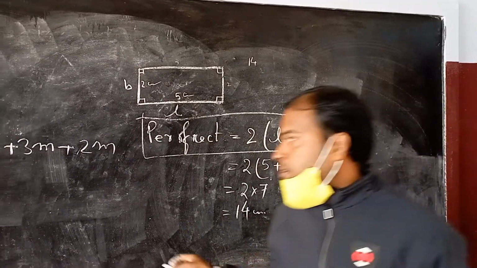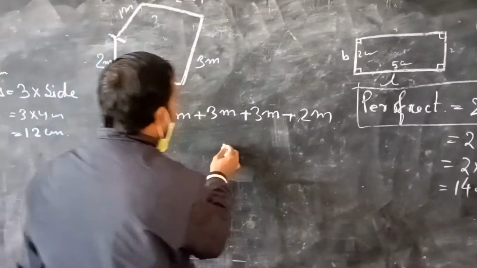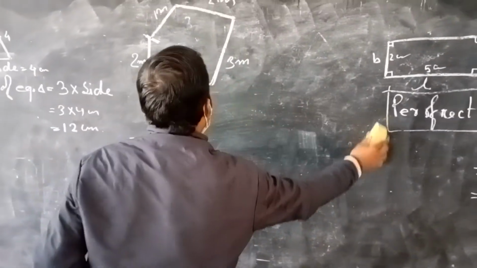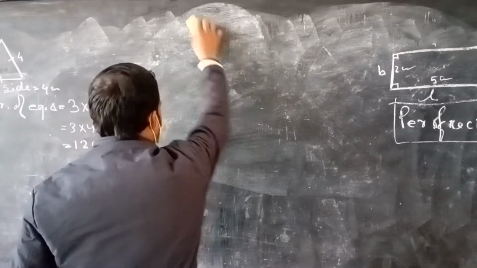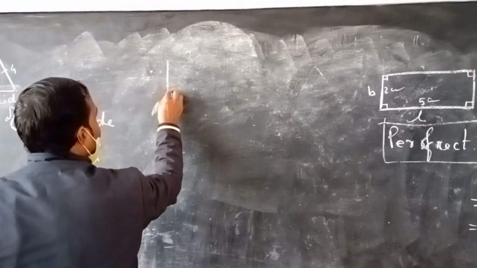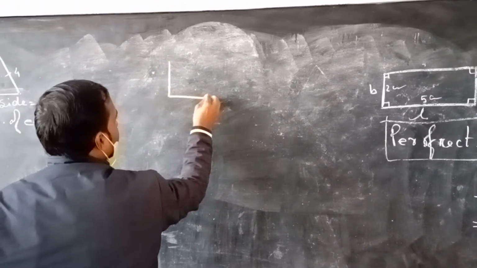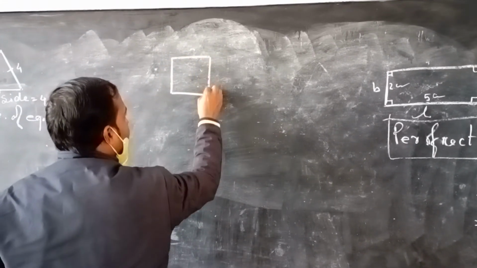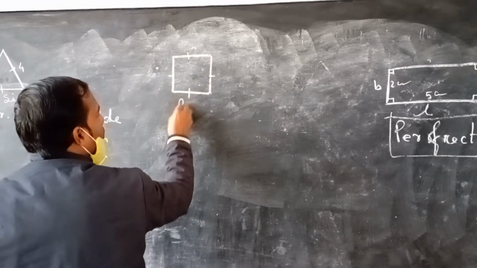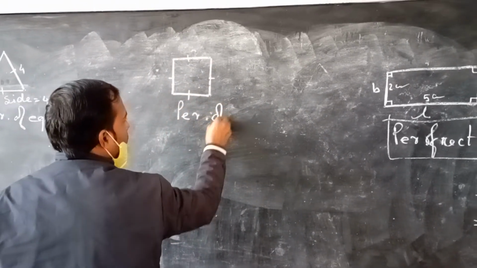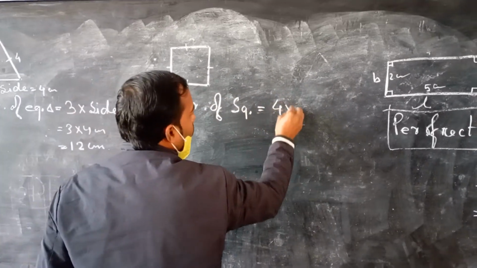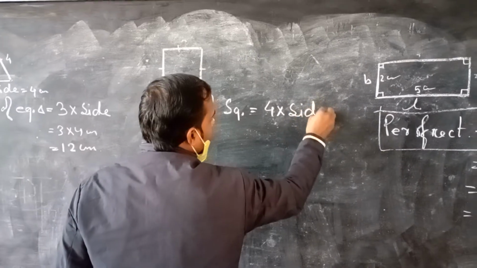Okay? Then one more special figure is there, that is square. Square means all sides are equal. Perimeter of square is equal to 4 into side.